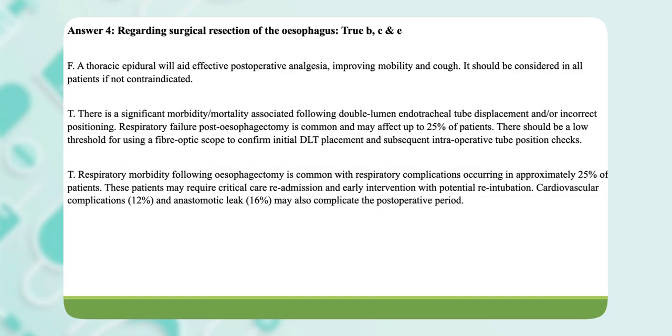Similarly, if you want to collapse the right lung and inflate only the left lung, you just change the tube connector. You put the connector on the left bronchus lumen and inflate the left bronchus balloon, so only left bronchus ventilation will be done. Understood?